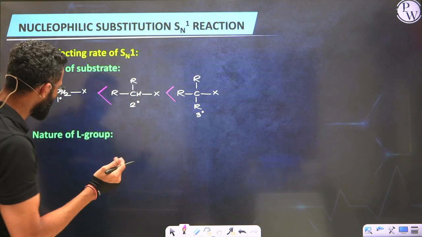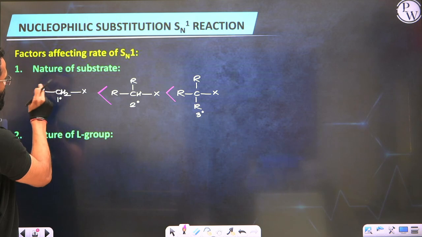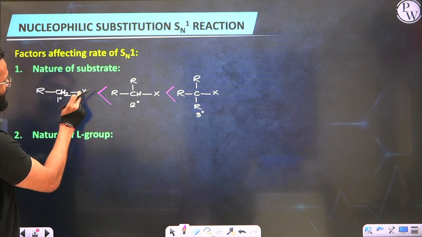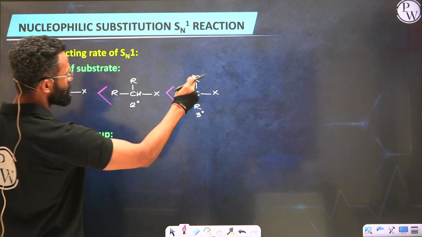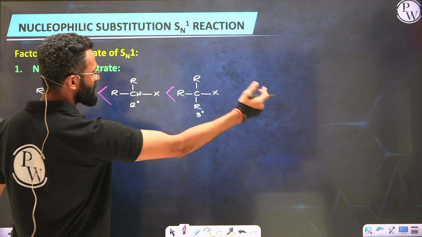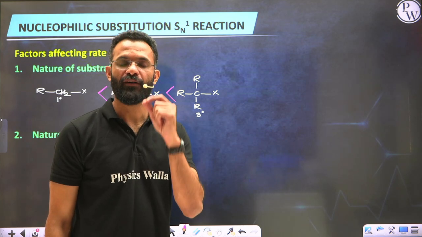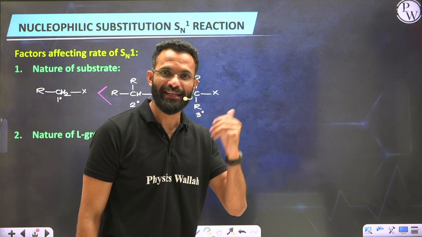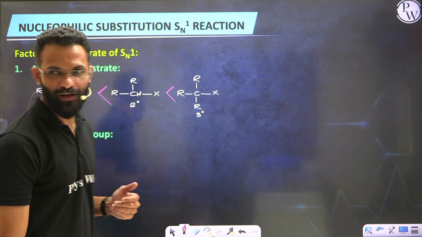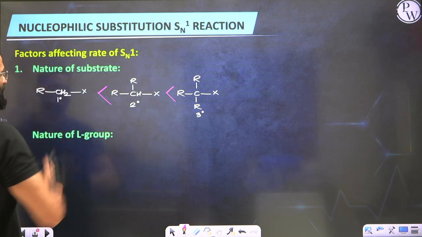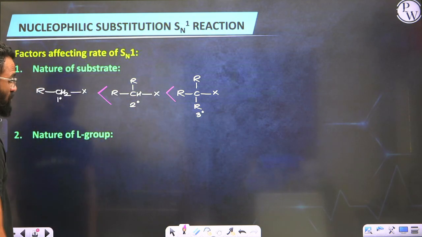Hence I can say, as the number of alkyl groups on the carbon carrying the leaving group increases from 1 to 2 to 3, the rate of SN1 reaction also increases. That's the nature of substrate. Nature of leaving group?